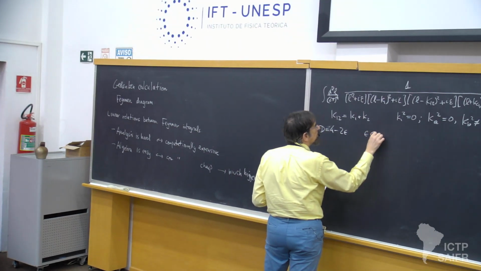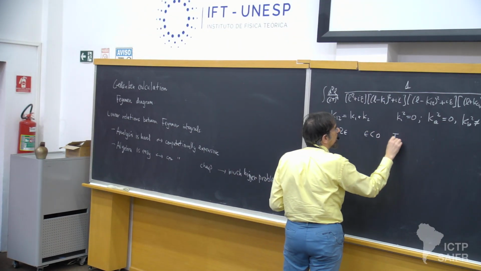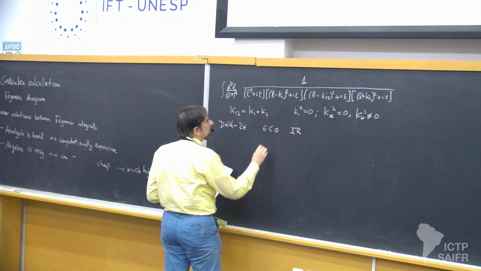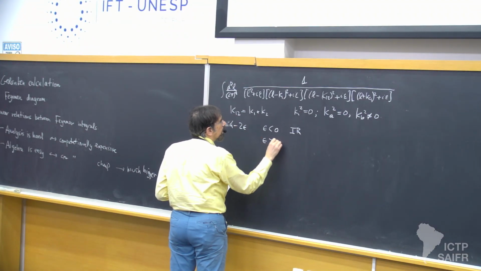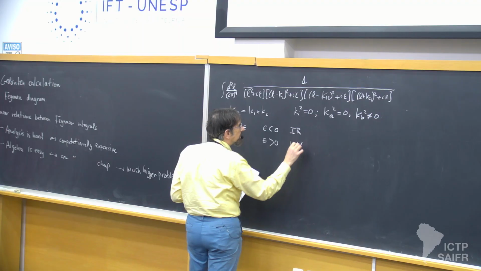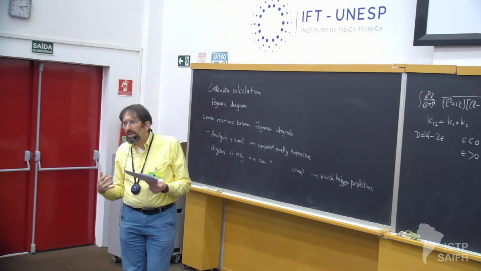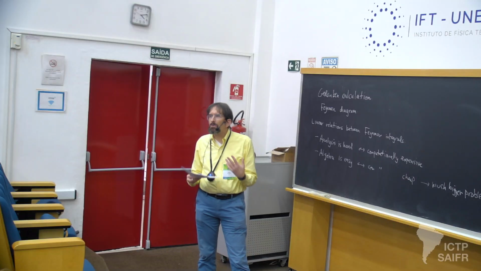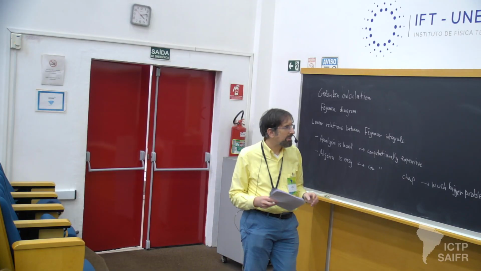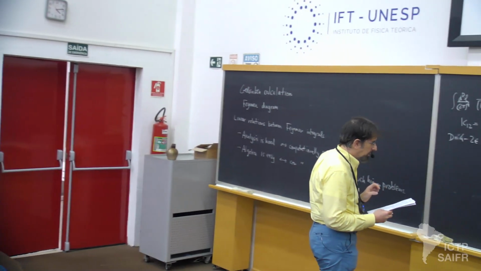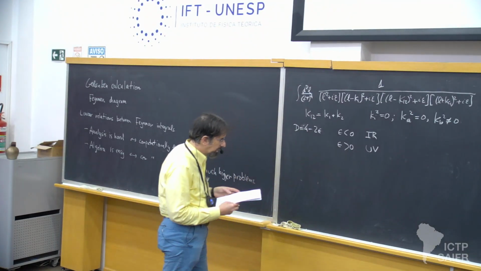So then we want epsilon less than 0 to regulate IR divergences. On the other hand, to regulate UV divergences, we really want epsilon bigger than 0. And so really you should be thinking of epsilon either as a formal parameter or really off in the complex plane somewhere. And that's how you should think of these integrals as being defined.